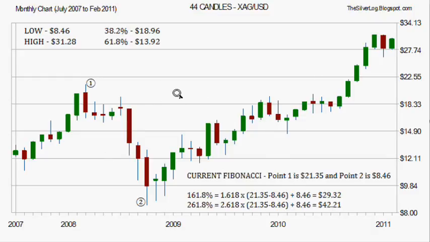This is the monthly chart. And for the number 1 section, this top here is 21.35 for March of 08. And this bottom is 8.46 from the fall of 2008. And it's obviously managed to get above that level, which is extremely bullish, of course. But what I did is I took the difference of those Fibonacci points, which gives me a target of 29.32.